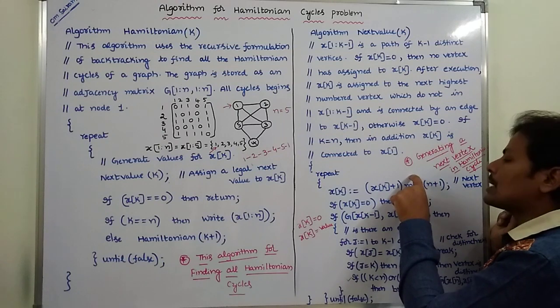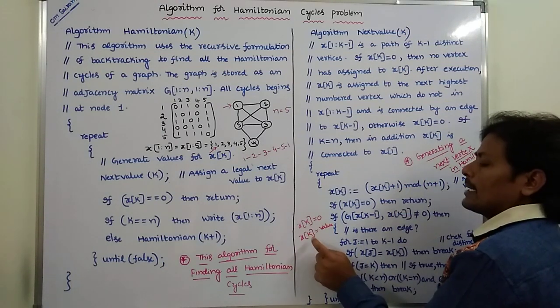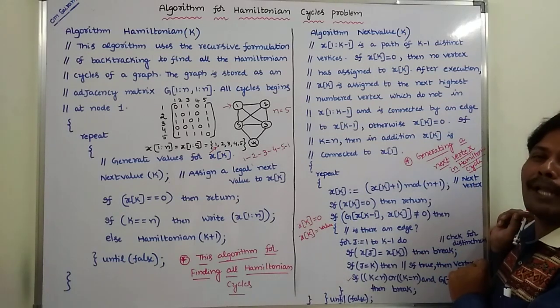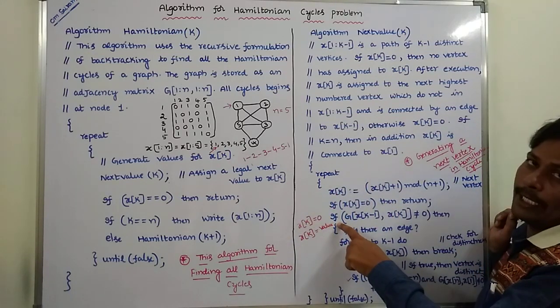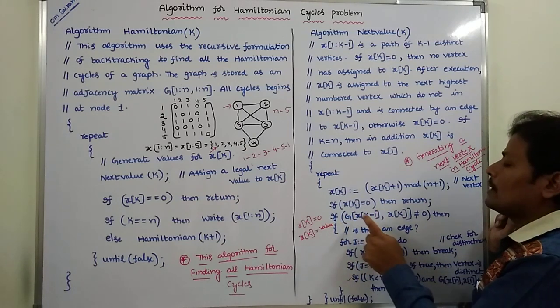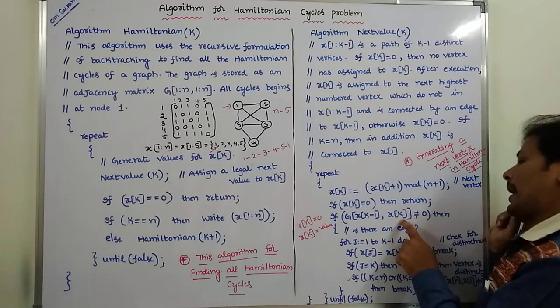If this function returns some non-zero value, that is, x of k is equal to some non-zero value, then it goes to this condition: if g of x of k minus 1 comma x of k.